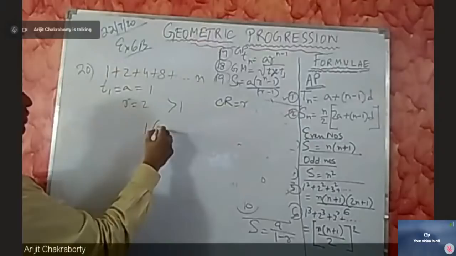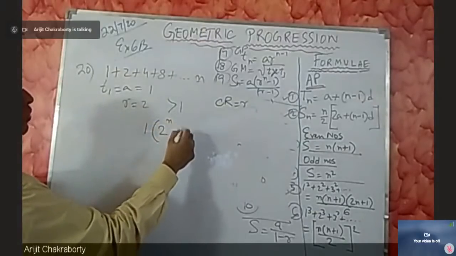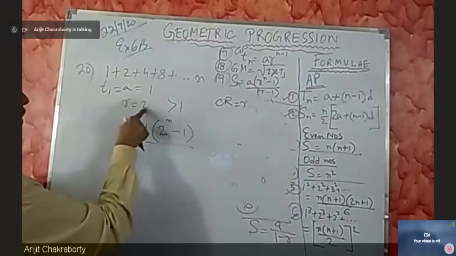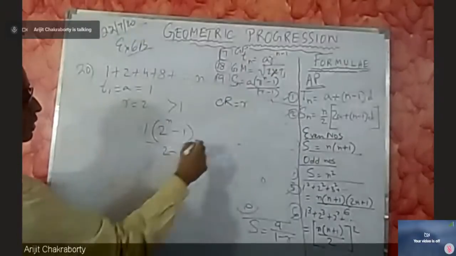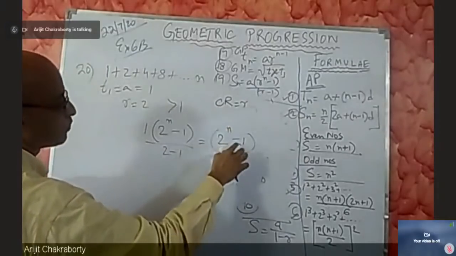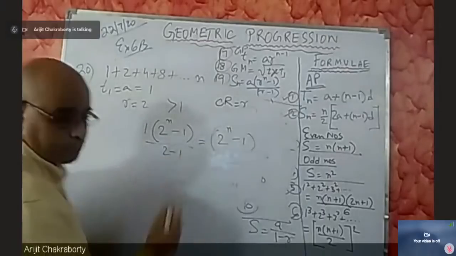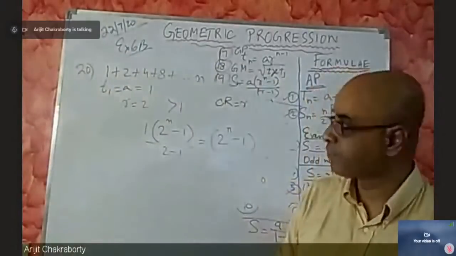And for R, I will write 2 to the power n minus 1 by R minus 1. R is 2, so 2 minus 1, which is 1. So the answer is 2 to the power n minus 1.